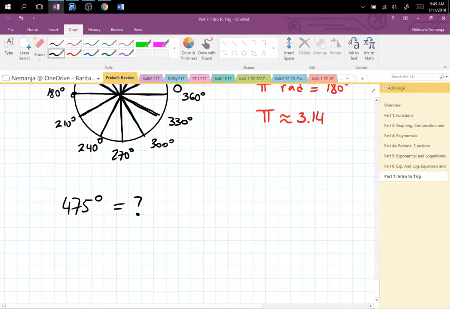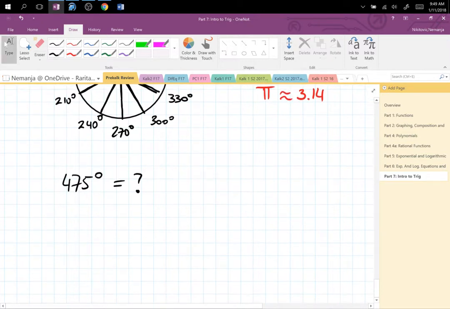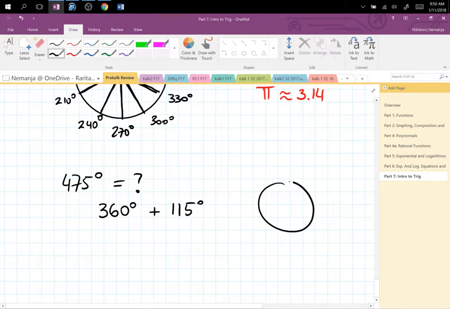So what is 475? So 475 is going to be a full circle of 360 degrees plus 115 degrees extra. So this means in a circle, when you start at your 0, and you know that there is 90 on top, you will make, well, maybe we can draw the whole thing. There we go.